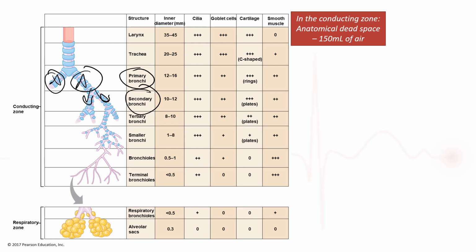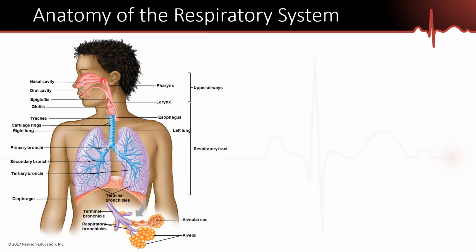The left primary bronchus is going to branch into two secondary bronchi, right? And we'll talk about this in a second, but the right primary bronchus is going to branch into three secondary bronchi. Now, why? Each secondary bronchus is going to go to one lobe of the lung.